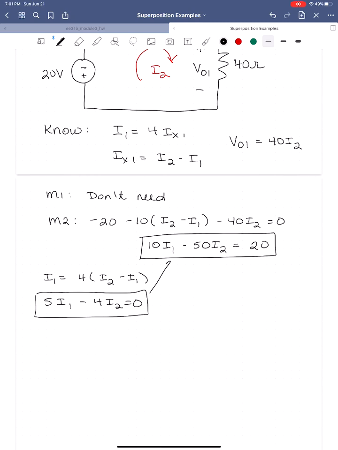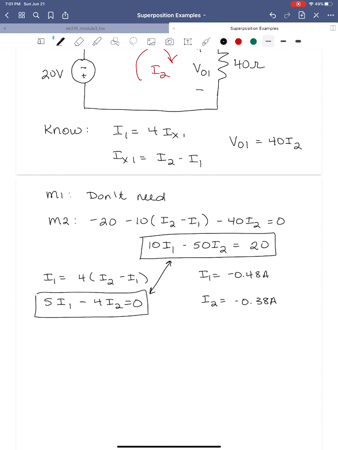So now we have two equations, two unknowns. And when we solve those, we have that I1 is equal to minus 0.48 amps, and I2 is equal to minus 0.38 amps.